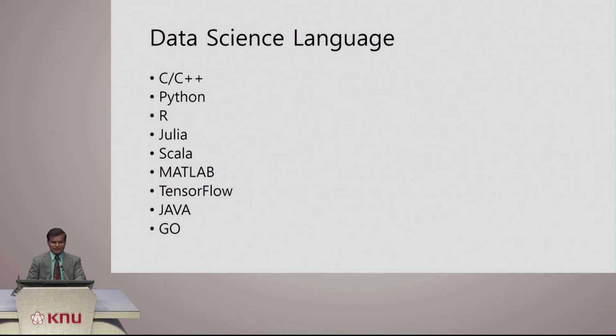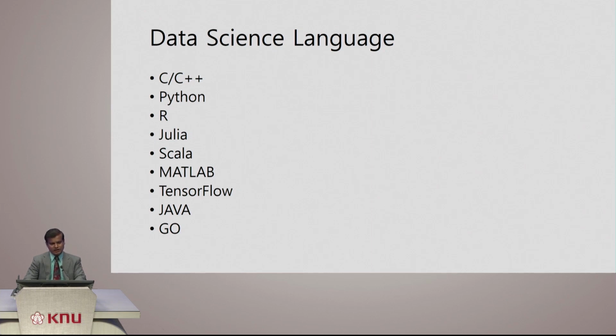It's another interesting tool that we can discuss, and TensorFlow. Java is still there, which can also be used for data science purposes. And then you have this new Go language. It's also getting popular these days with AI coming in. Well, let's discuss them one by one.